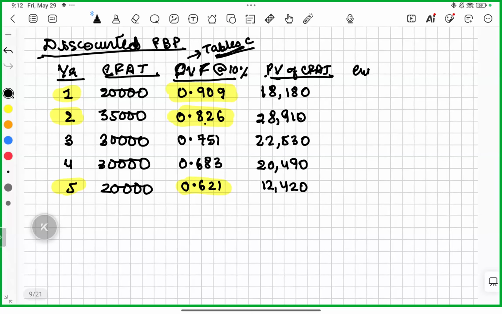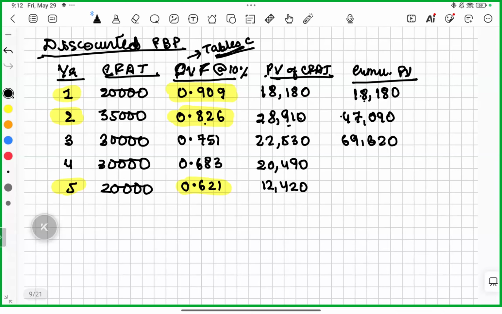So first of all, find out the cumulative present value. First year it will be 18,180. Now keep on adding the present value of the next year, 18,180 plus 28,910. So it will be 47,090. Add 22,530, it will be 69,620.